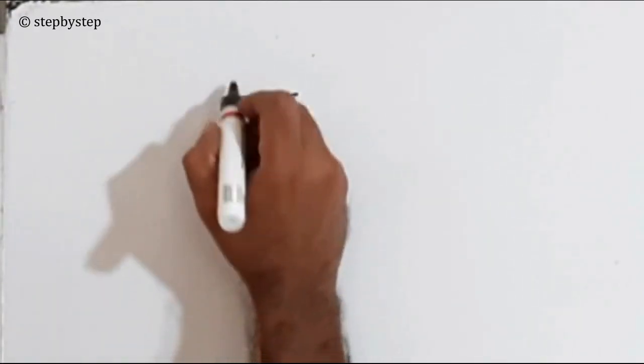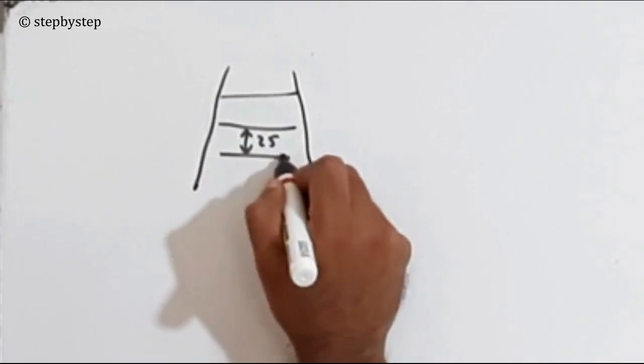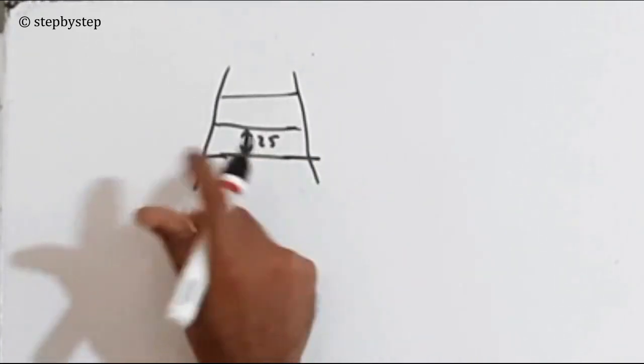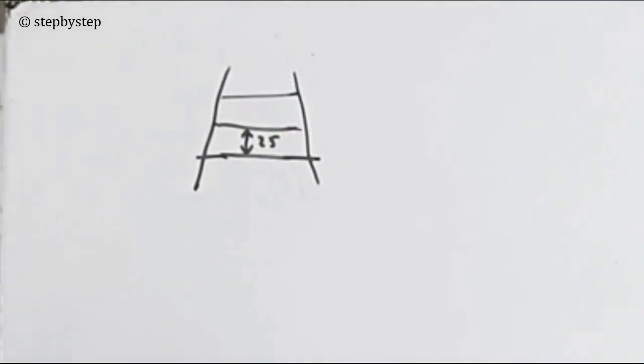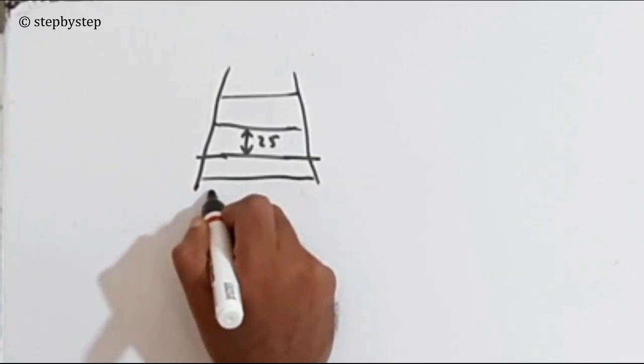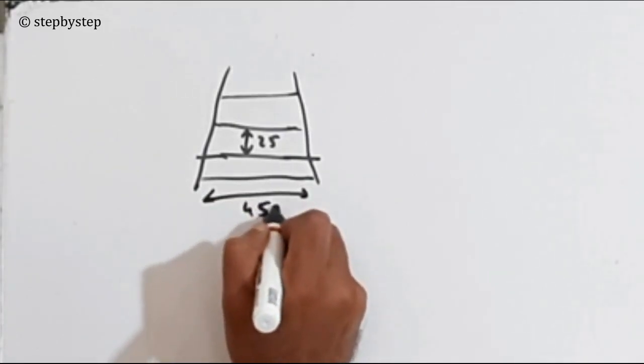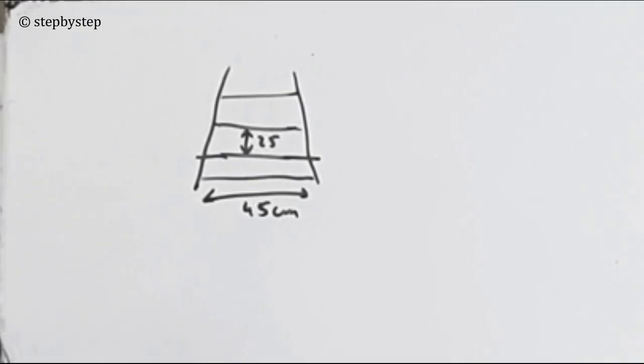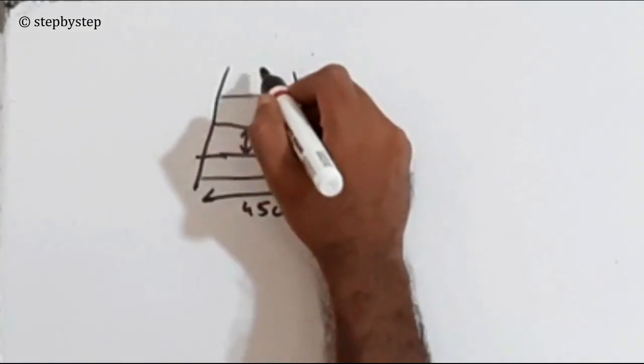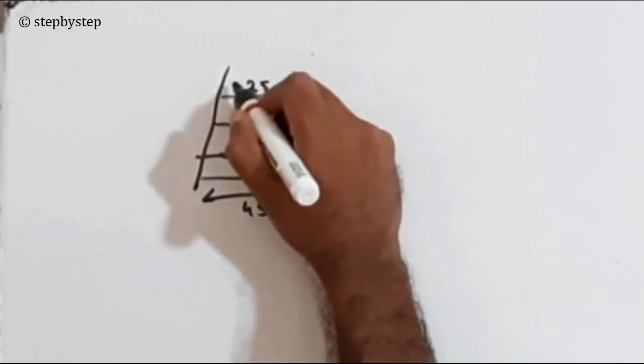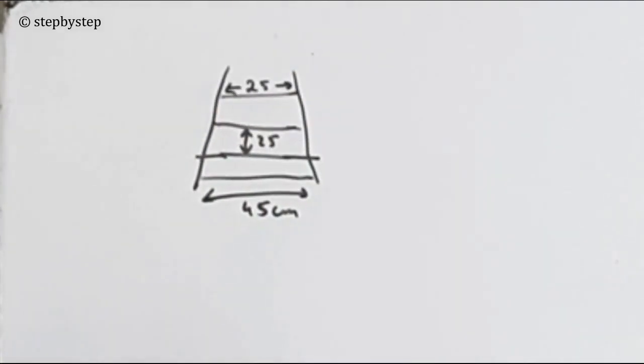If you are seeing from bottom to top, it's decreasing like this. So the length of the rungs is decreasing, from 45 centimeter at the bottom, so the bottommost rung is 45 centimeter, to 25 centimeters at the top. So the topmost rung is 25 centimeter.